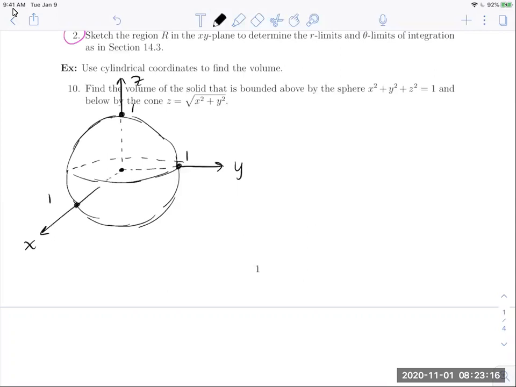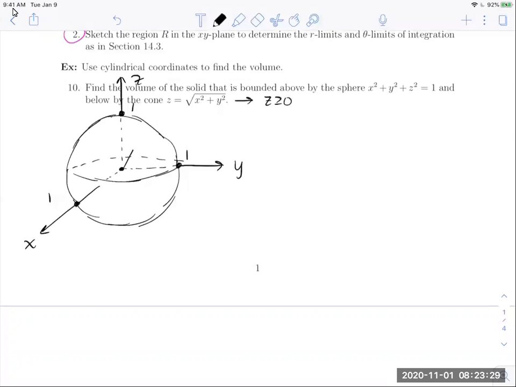All right, and so now I want to also sketch the cone. You'll notice that this is just half of a cone. It's not going up and down. It's just for non-negative z values. So this is an infinite cone, right?